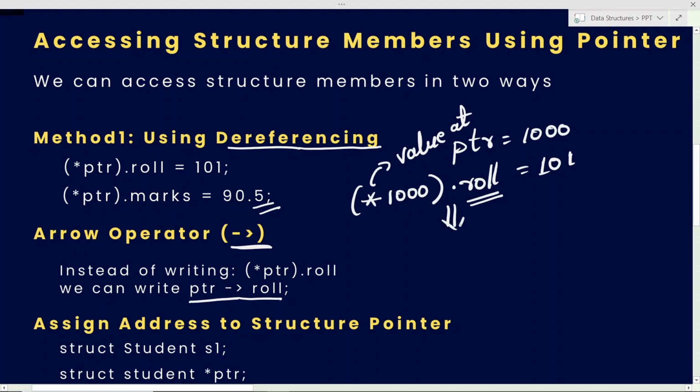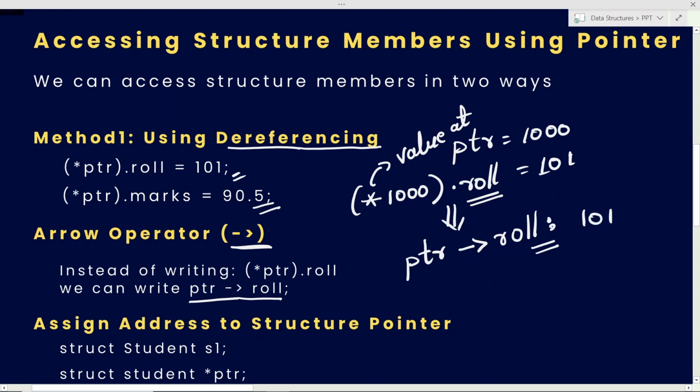Instead of writing this complete line, I will write my pointer name ptr, then the arrow operator, and my member name. My member is roll. So we will write ptr arrow operator roll. It will simply give us the roll number 101.